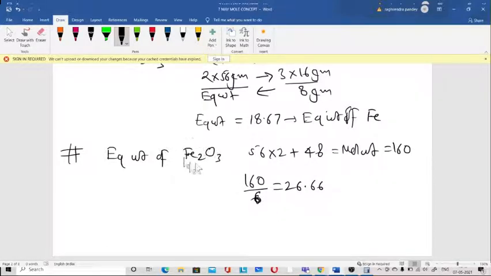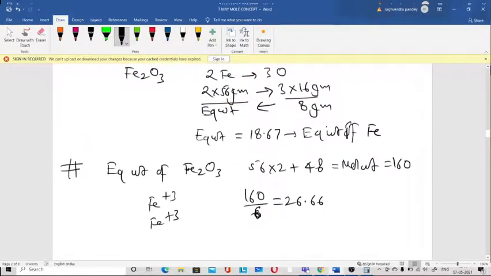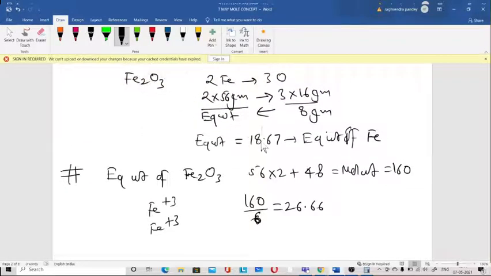Because there are two irons, and I told you above that each has plus 3, meaning 3 valency. So the total is 6, so 160 divided by this.